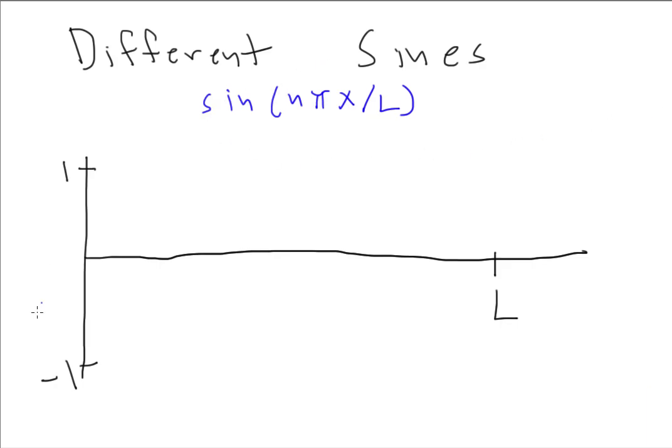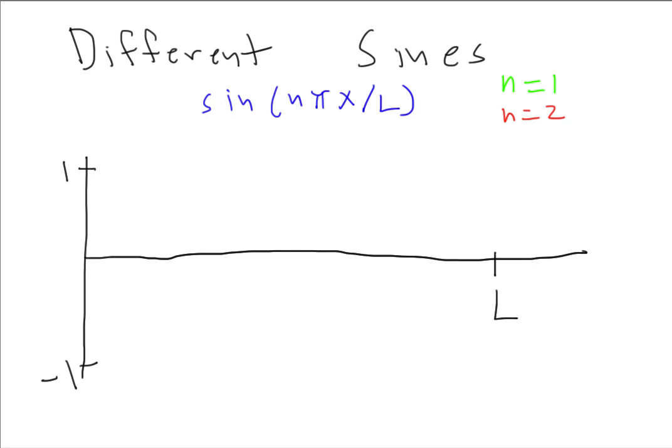The other thing that you'll see in Fourier series a lot is different sine functions. So we're going to draw two sine functions. We'll draw it for n equals 1 on the interval 0 to L, and then also n equals 2.